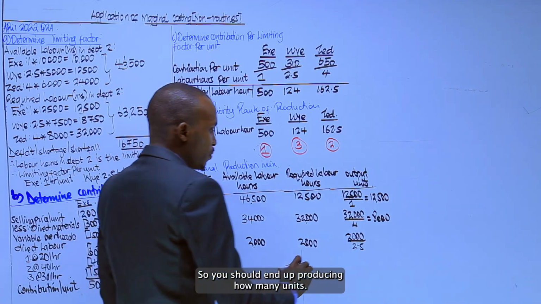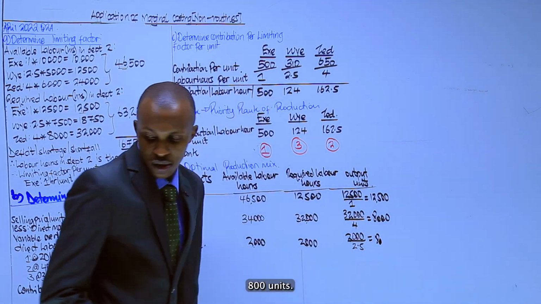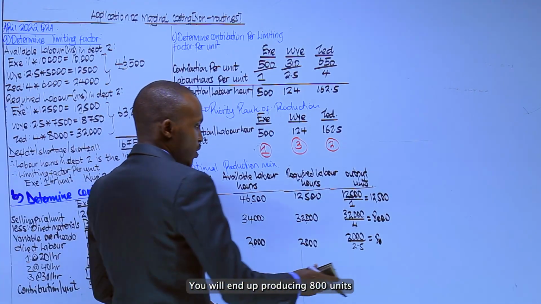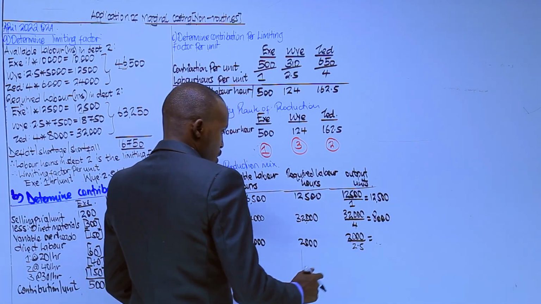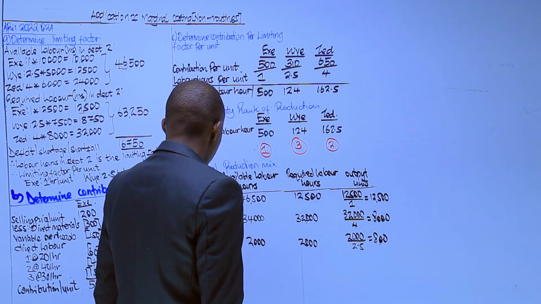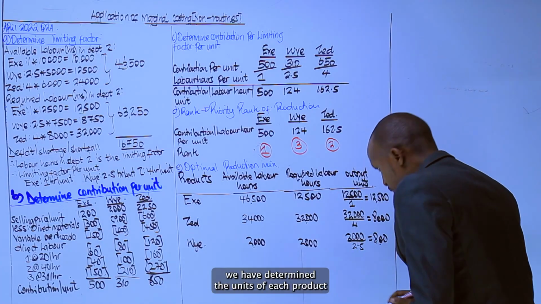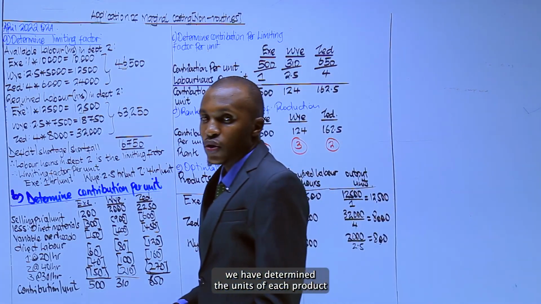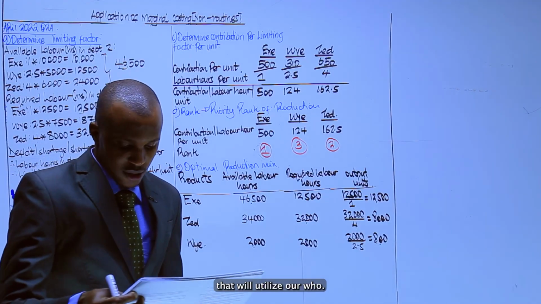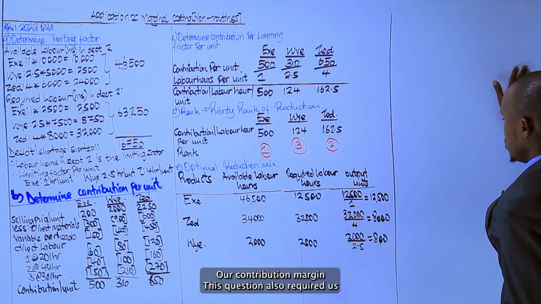So you should end up producing how many units? 800 units. You will end up producing 800 units of Y. Now that is clear, we have determined the units of each product that will utilize our contribution margin.